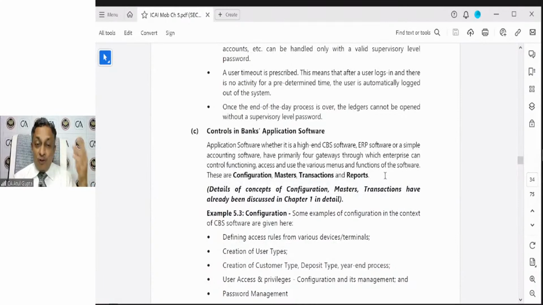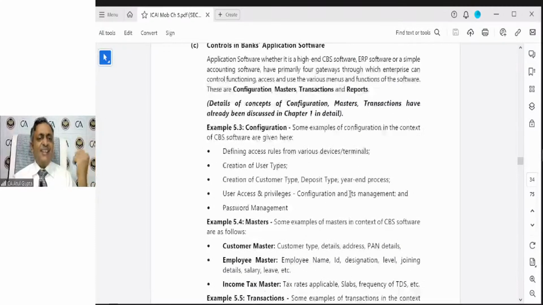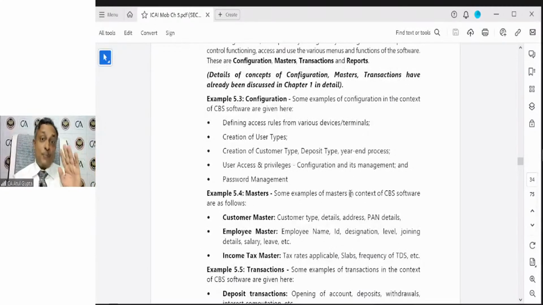So first was internal control in bank, IT control, and now control in the bank's application software. We have talked a lot about configuration and transaction masters in our previous chapter. Detail is given, and you can carry this example to that chapter and bring examples from that chapter here too. Configuration settings: defining the rules for various devices and terminals, creation of user types.